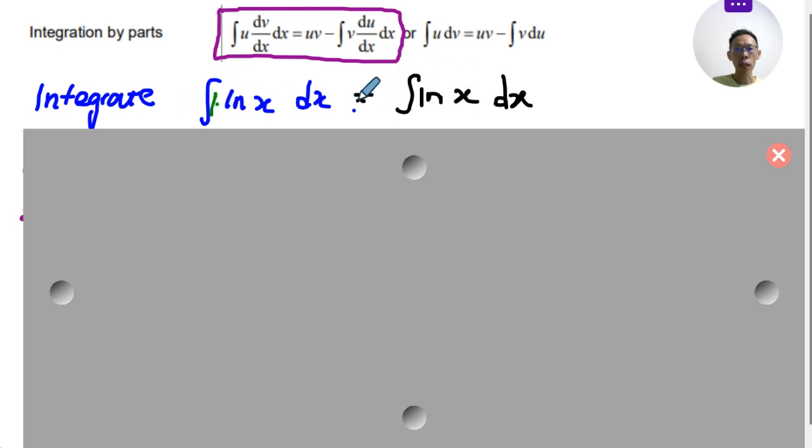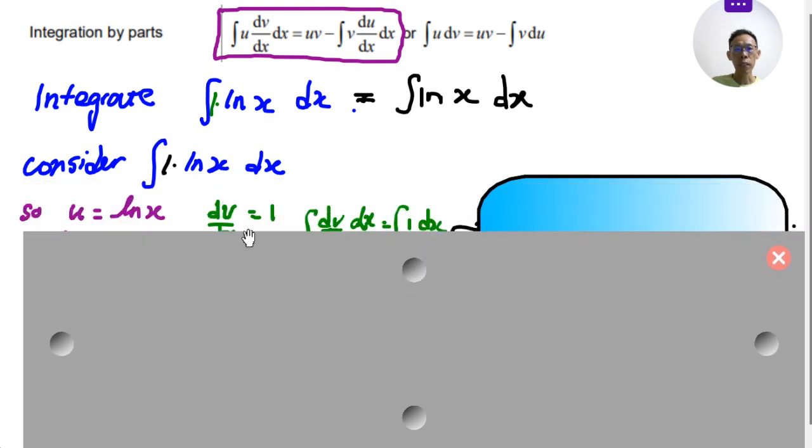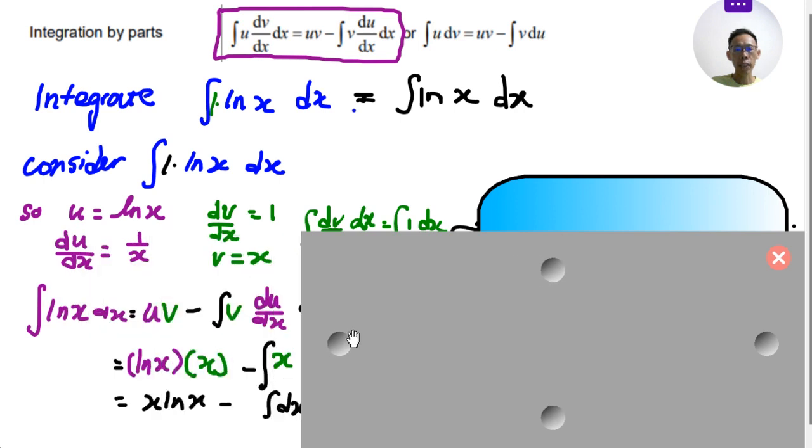So what we can do is put in 1 here. So ln x is the u, and dv dx is my 1. Then for u, I take the derivative, which gives me 1 over x, and for dv dx, I integrate that, which gives me x.